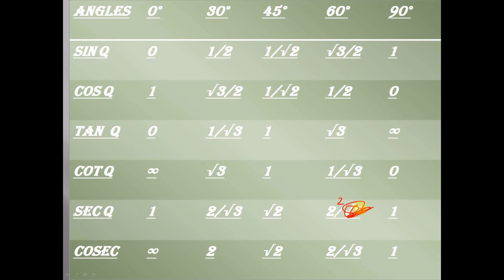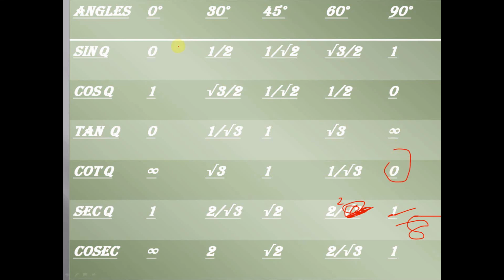Printing mistake. Only 2 will come. Root 3, 1 by root 3. 1, 1. 0. Here infinity will come. But on the net, this was showing 1. So sorry. Infinity is opposite of 0.